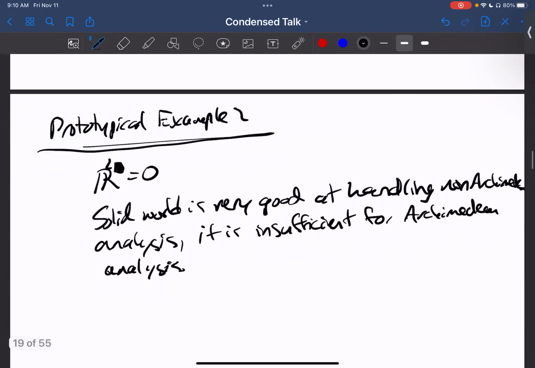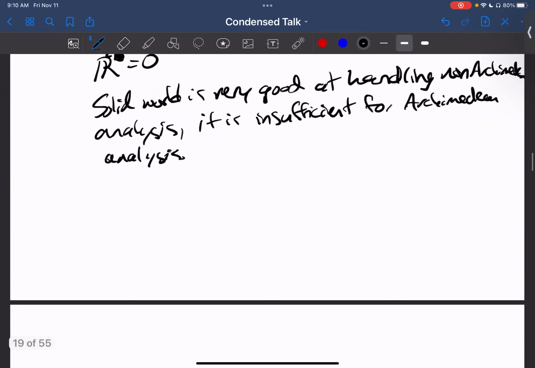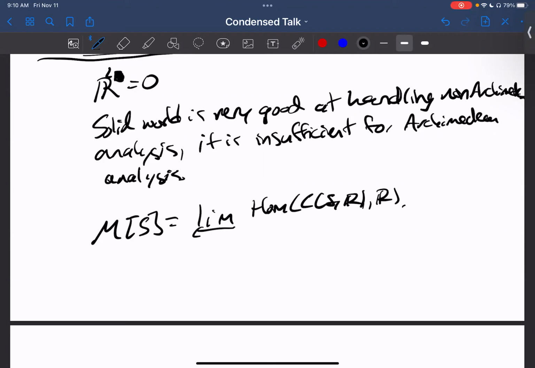So this leads us to want to try and do a very similar thing to what we did before. So what if we try and consider Radon measures on some S valued in R? So our naive definition might be M of S is a limit over Radon measures here. But this does not work.